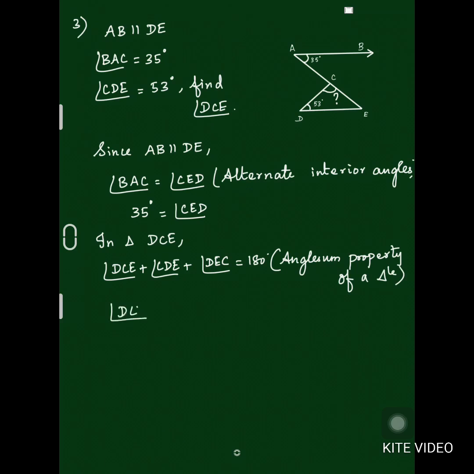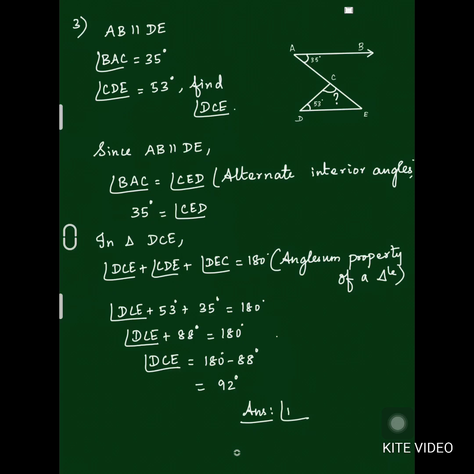So angle DCE plus CDE, given 53 degree, and just now we found DEC, that is CED, as 35 degree, is equal to 180 degree. So DCE plus 53 plus 35, which is 88, is equal to 180 degree. From this, angle DCE is equal to 180 minus 88. You get 92 degree. So angle DCE is nothing but 92 degree.